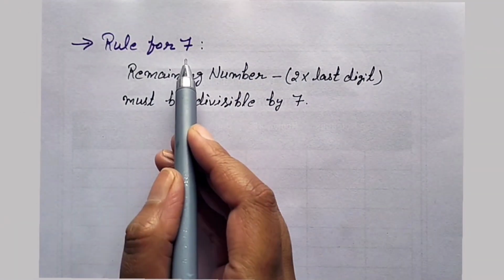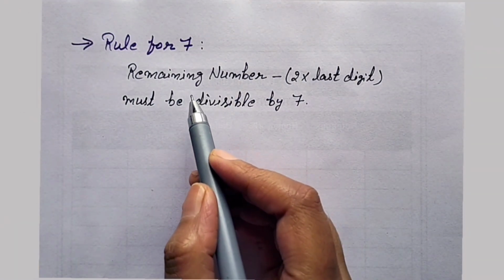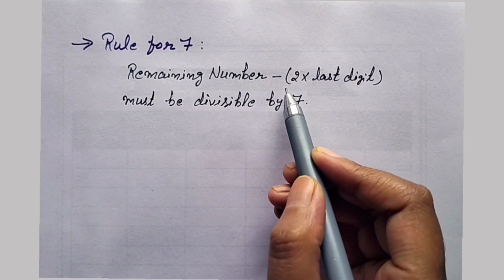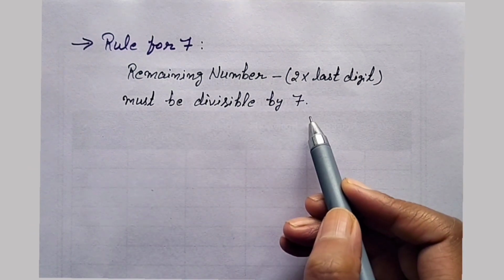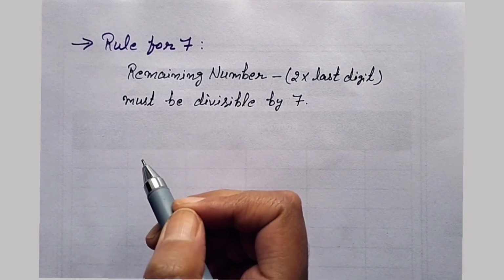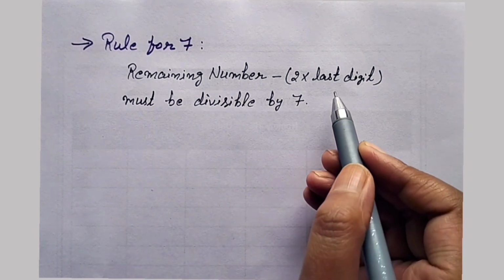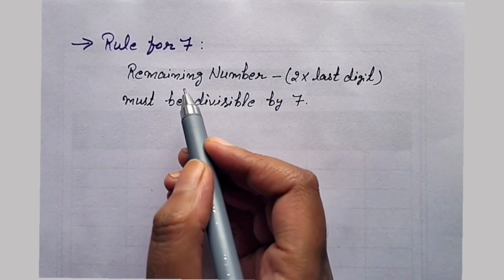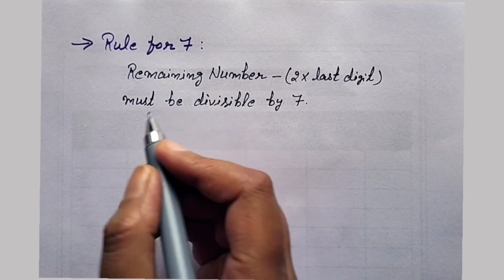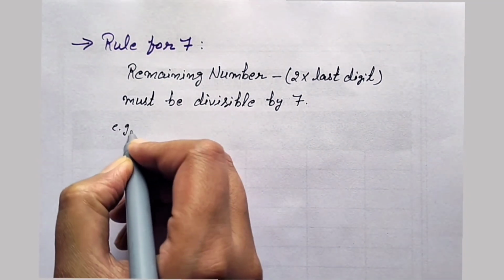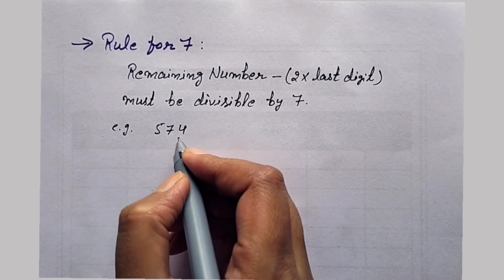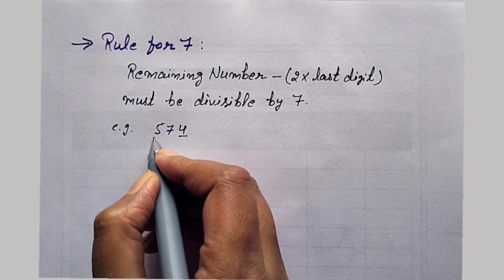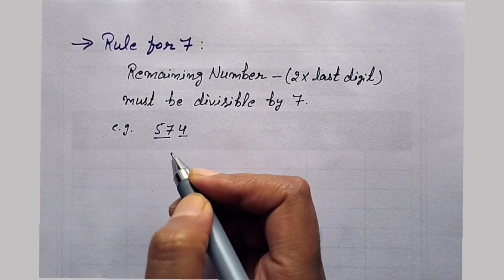Next is the rule for 7. So the rule is: the remaining number minus 2 times the last digit must be divisible by 7. Means here we need to double the last digit and subtract it from the remaining number. For example, this is a number. So 4 is the last digit and 57 is the remaining number.